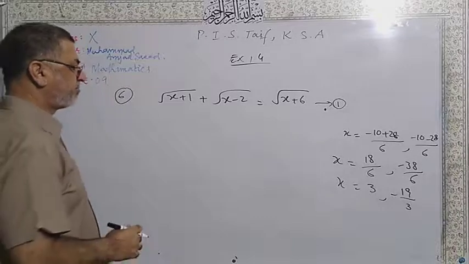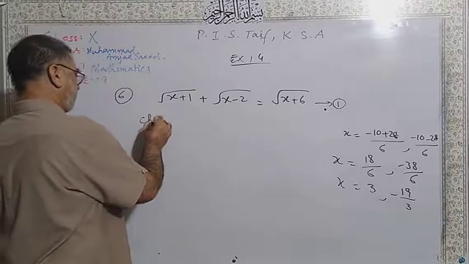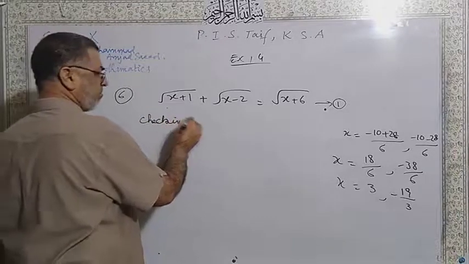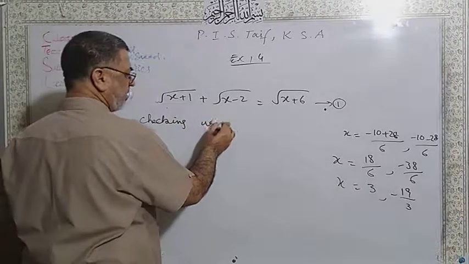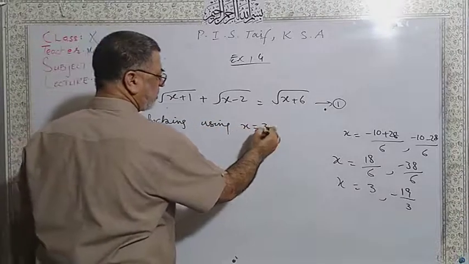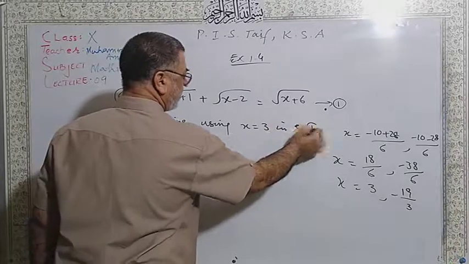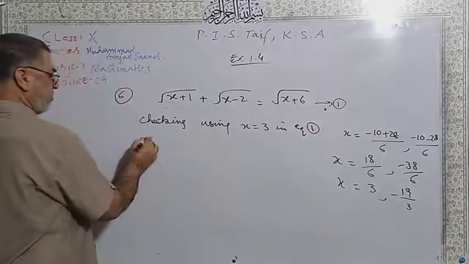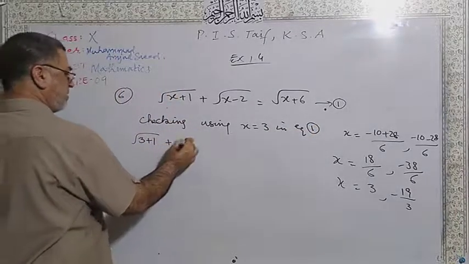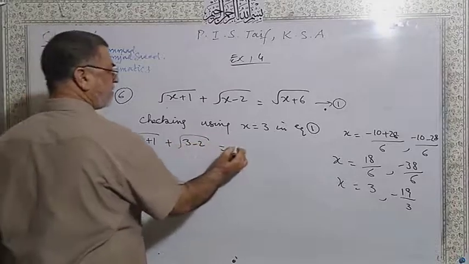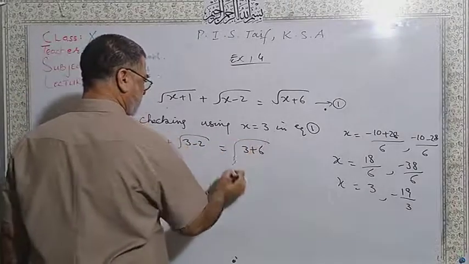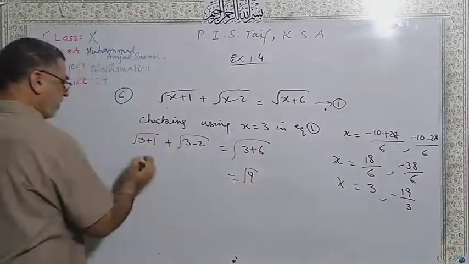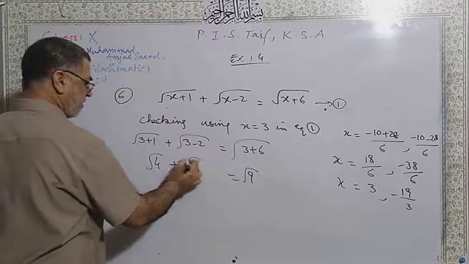Checking using x is equal to 3 in equation number 1. √(3+1) + √(3−2) = √(3+6), that is square root of 9. Here is square root of 4 plus square root of 1.